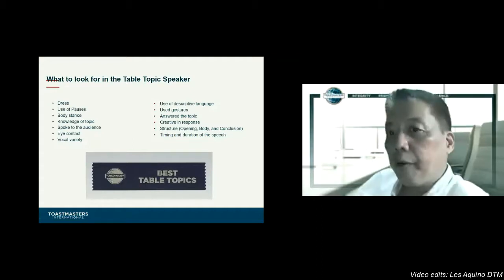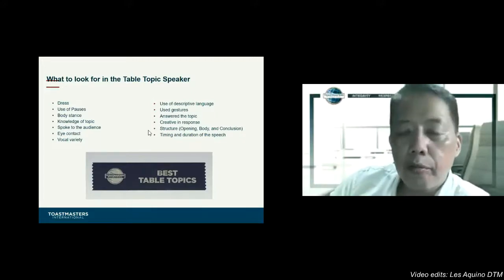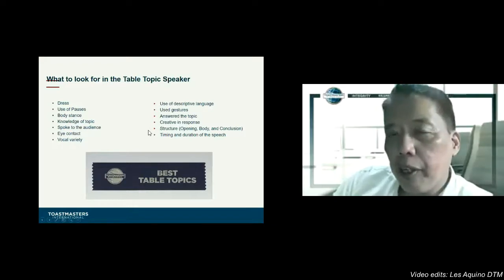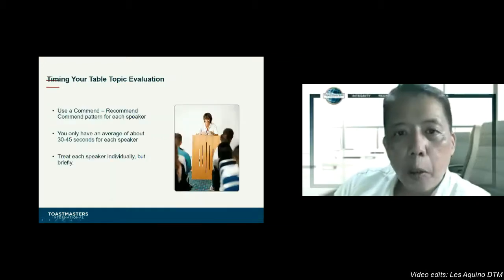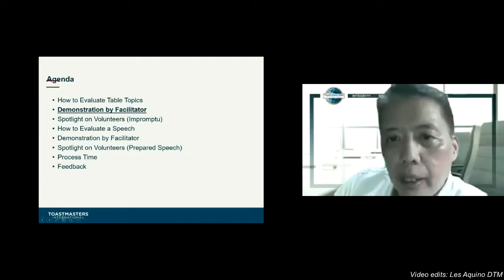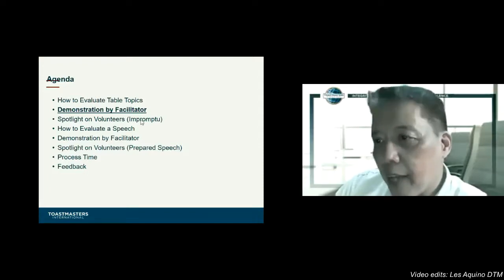Or was he creative in his response? How about the organization? So you have these various aspects per individual. Hopefully you would have a different set of criteria per volunteer. So just to show you a little demonstration, here's how the commend, recommend, commend pattern would look if it were a table topics evaluator.